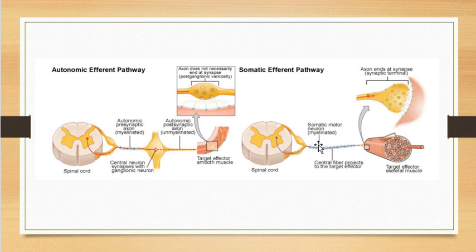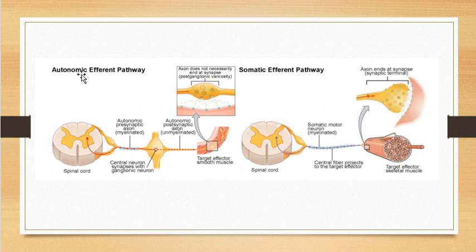So this is myelinated, and in this way it innervates the skeletal muscle, the target tissue in this case, and here it is going to release some neurotransmitter at the synaptic terminal. The synaptic terminal is actually the gap between the effector organ and the neuron ending.